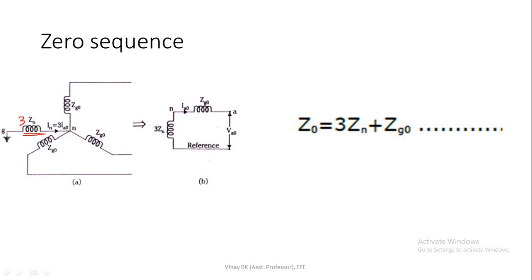So the total zero sequence impedance of the machine is given by 3 into Zn plus the zero sequence impedance of the generator. So the zero sequence impedance Z0 is given by 3 into Zn, that is, current flows to the neutral through the star point, plus the generator impedance, that is Zg0. Let's give this as equation number 3.